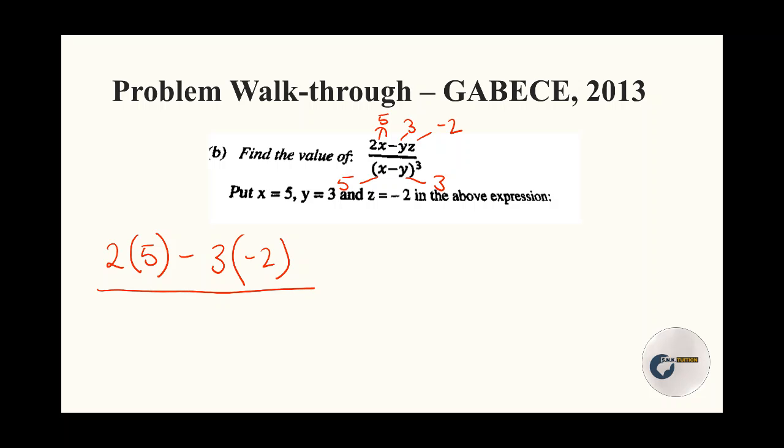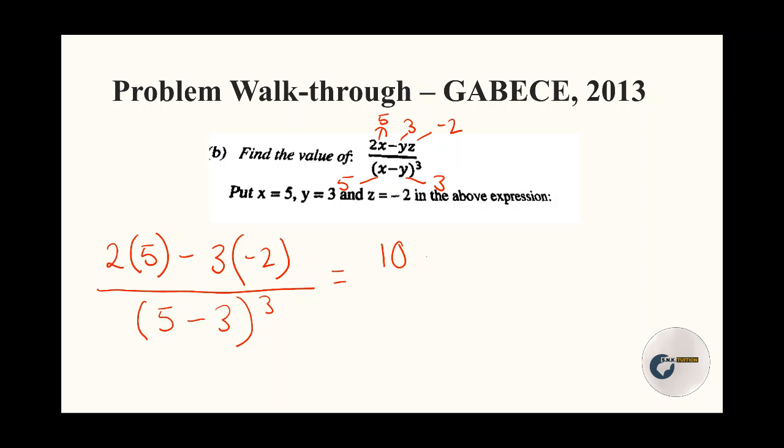So I know that 2 is multiplied by 5 minus y, which is equal to 3, multiplied by minus 2, all over x, which is 5, minus 3, which is y, and this is cubed. So first I'm going to work out the numerator here, which is 10, and then minus 3 multiplied by minus 2.